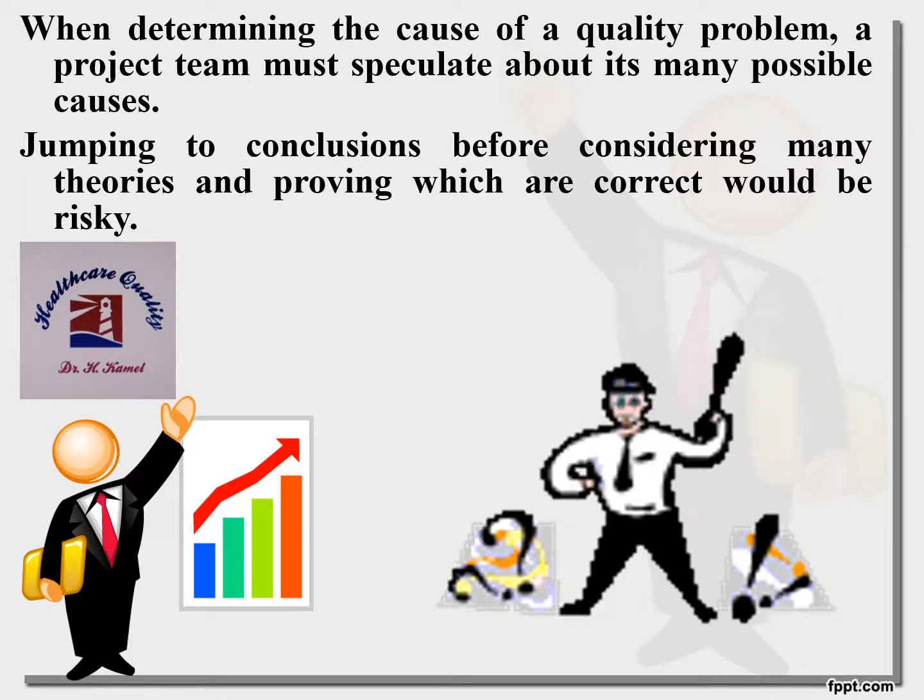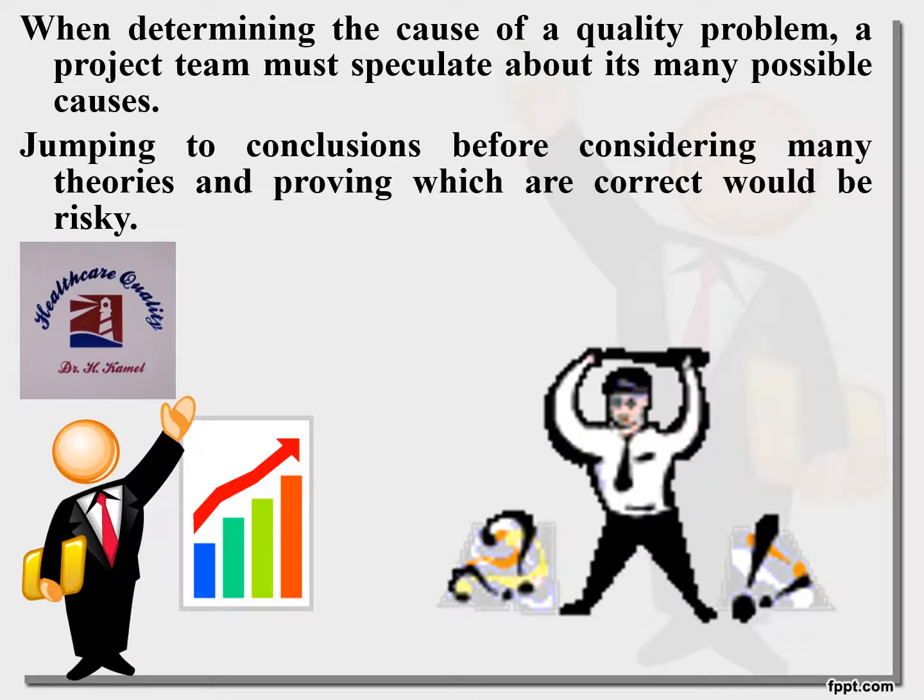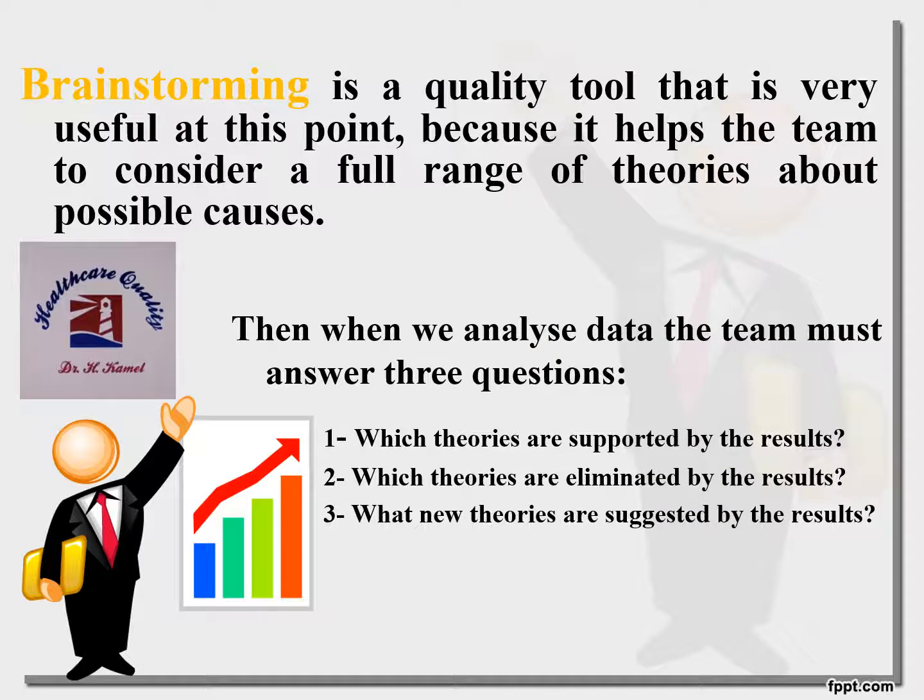Jumping to conclusions before considering many theories and proving which are correct would be risky. Brainstorming is a quality tool that's very useful at this point because it helps the team to consider a full range of theories about possible causes.